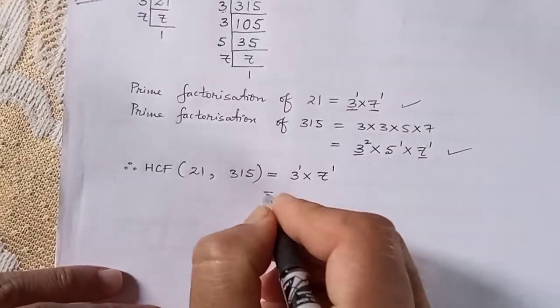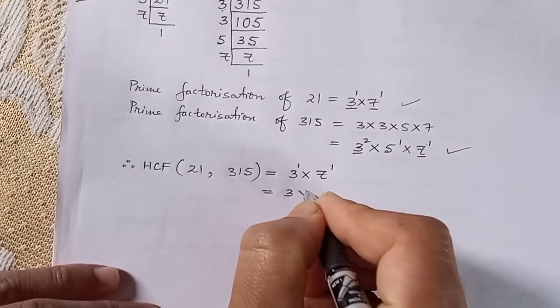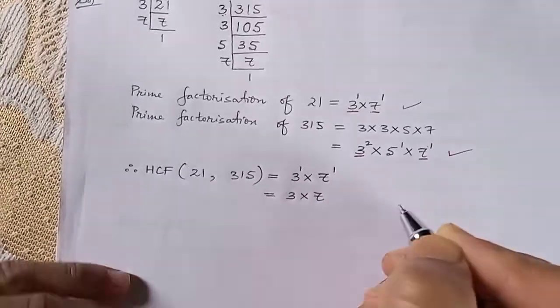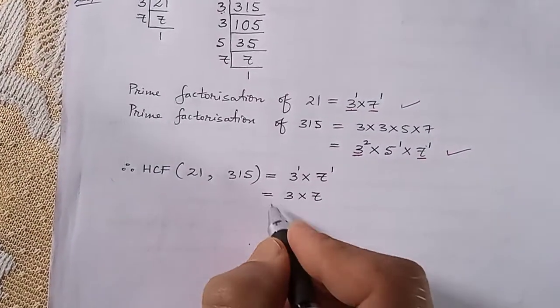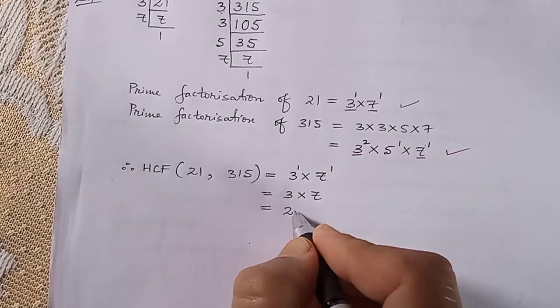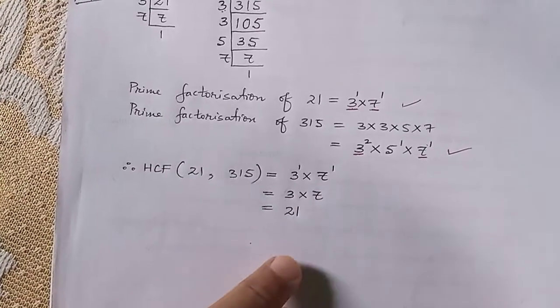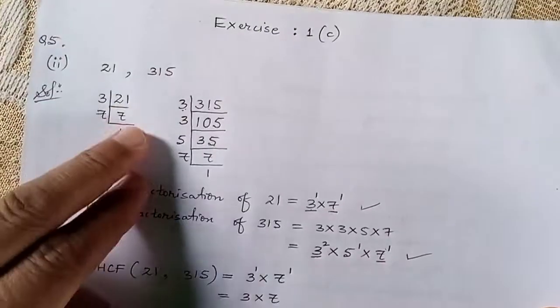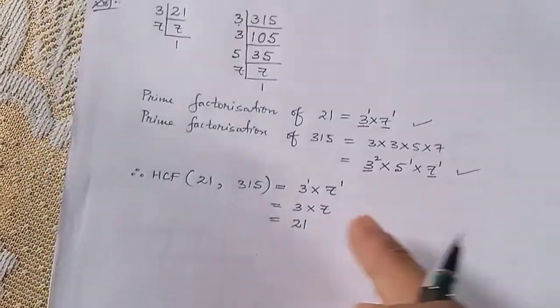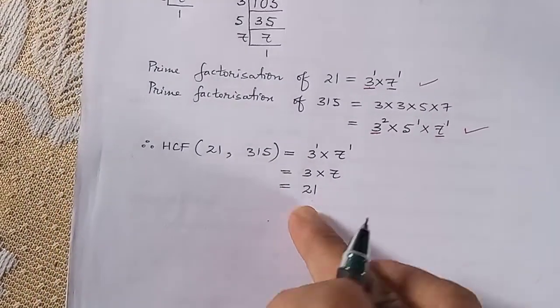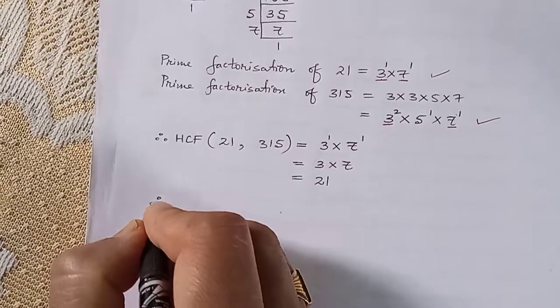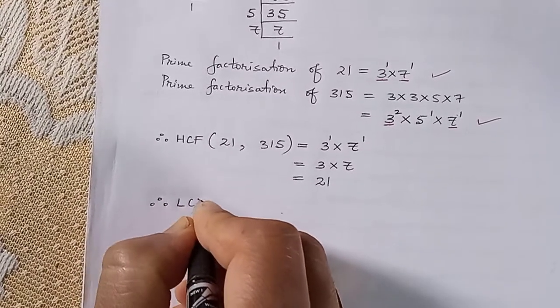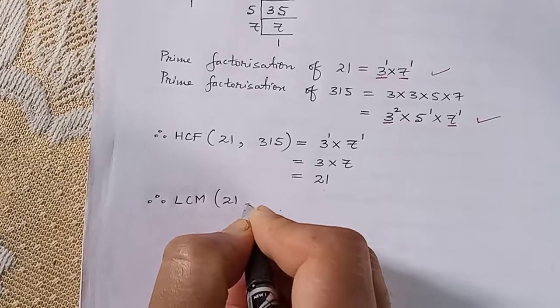So 3 to the power 1 means 3 only one time, 7 to the power 1 means 7 only one time. And now multiply 3 into 7, 21. Yes, we have got the HCF of 21 and 315. So the HCF of these two numbers, the highest common factor, is 21. Okay, now we'll find LCM. Therefore LCM of 21 and 315.